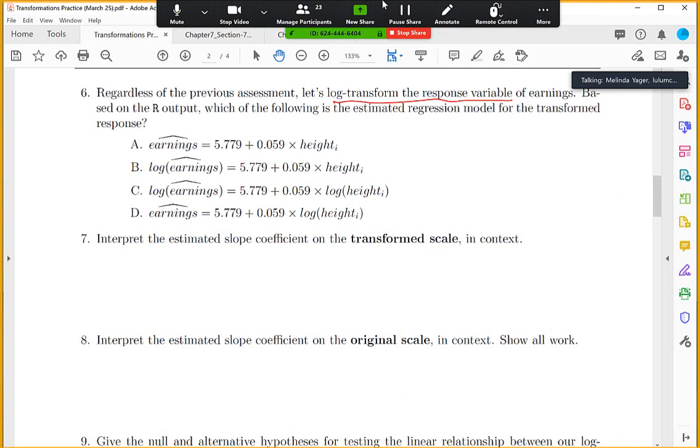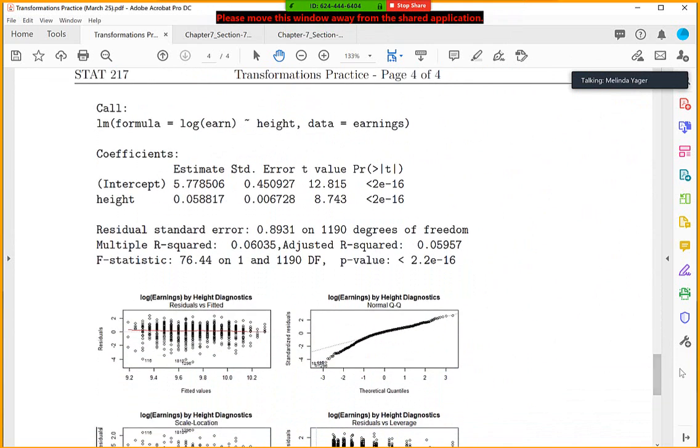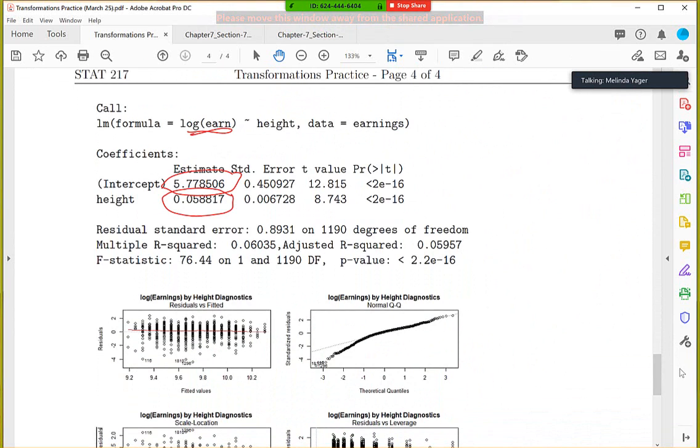For log, did you say B? Yeah, I agree, because we're looking at the log of earnings. That's our response. If we look down at the output down here, so this is the one that's showing the log of earning. We can see that y-intercept estimate and the slope estimate.